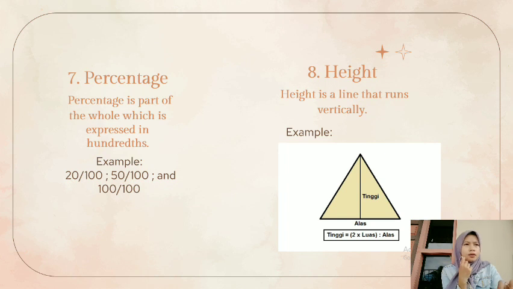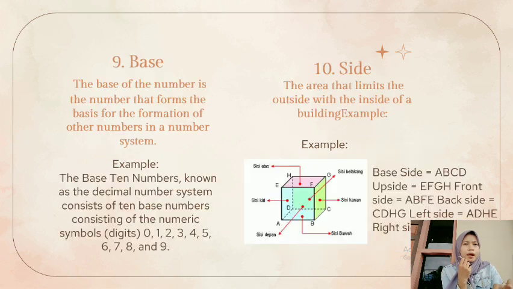And eighth, height. Height is a line that runs vertically. Example, a triangle has a height of 10 centimeters. Next, base. The base of a number is the number that forms the basis for the formation of other numbers in a number system.